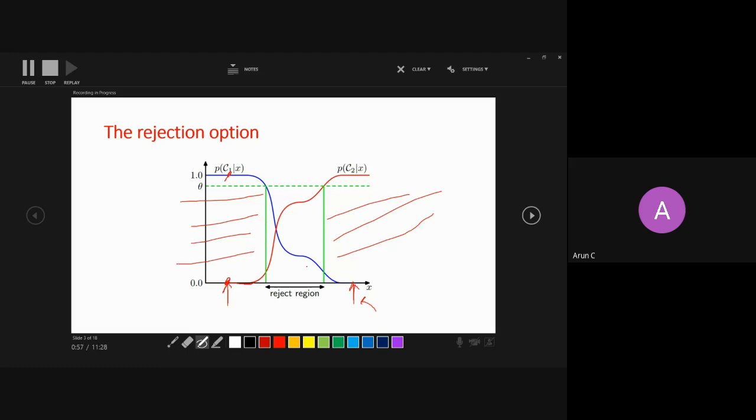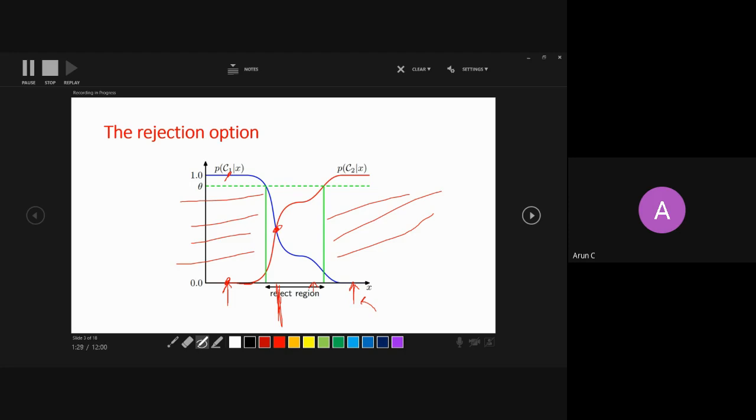But there may be a case for this x, right? Let's say for this x, I have an almost equal probability for both classes, C1 and C2. So it is not always a good idea to classify this x into some random class, because there is a kind of randomness here: both classes have an equal probability of belonging. If you classify it as C1, then there will be a higher chance of error for C2.